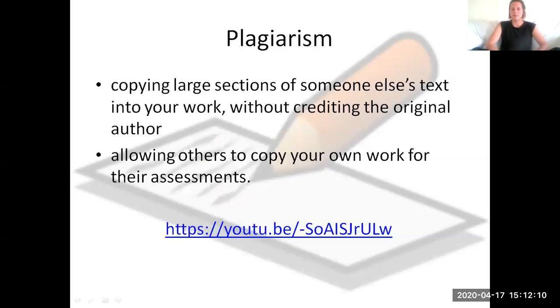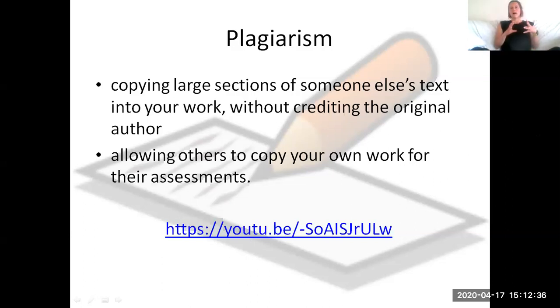All right, plagiarism. So plagiarism essentially is stealing someone else's work and passing it off as your own. So we want to avoid that at all costs. And it's always easy to do when you are specifically researching and gathering information and presenting on those topics that you've researched. So that is where our bibliographies come in.